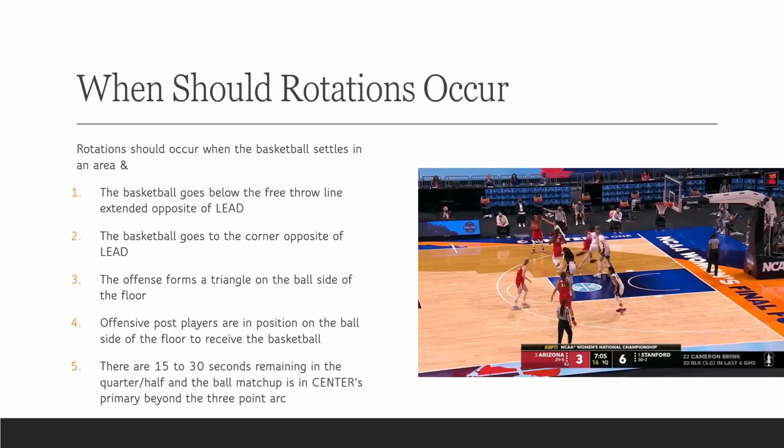The offense forms a triangle on the ball side of the floor. Typically, this will be 3 players on one side of the floor and 3 defenders, usually in a man-to-man defense, as you can see in the image on the slide.